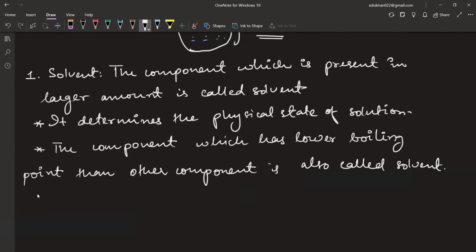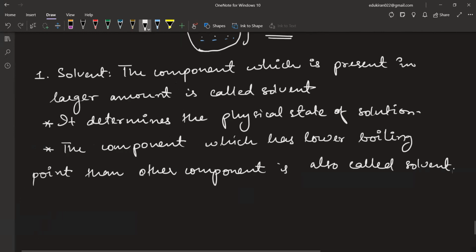Okay, so the first criteria that we'll always be looking at is what is present in the major amount.